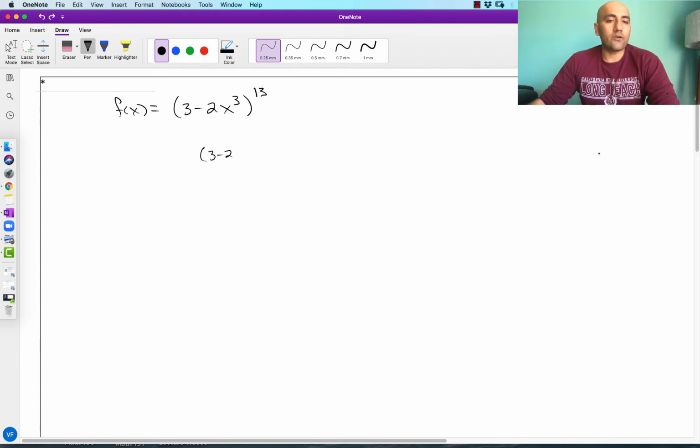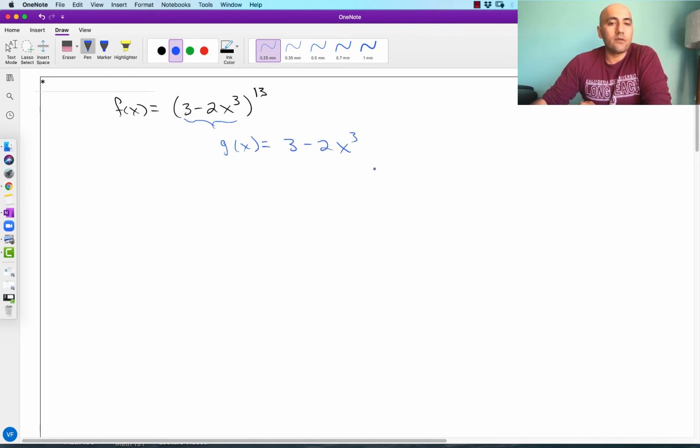And so what we want to do is think of this as the inside function and the outside function. I'm thinking of this as a composition of functions. Let's let g of x equal 3 minus 2x cubed, right? And therefore, the outside function, let's let h of x equal x to the 13th power.